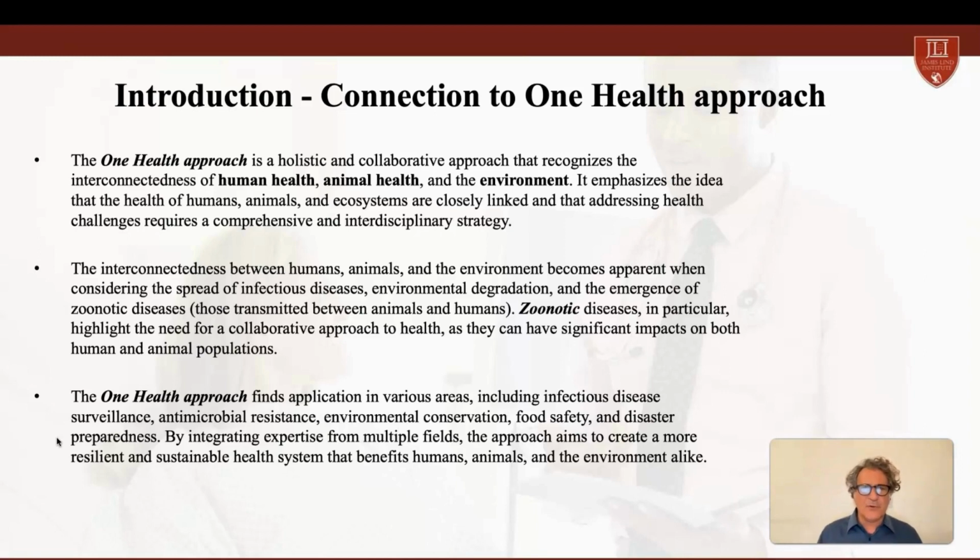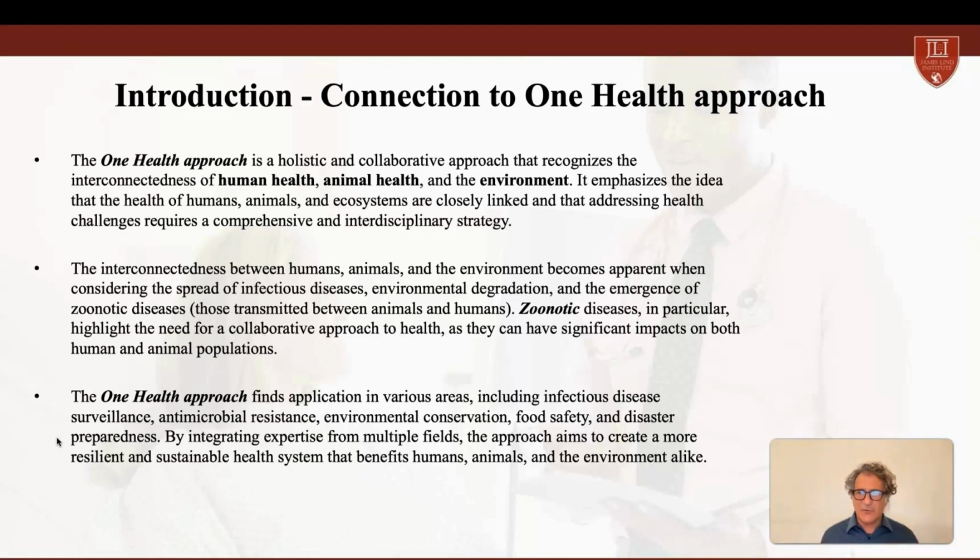So the One Health approach is a holistic and collaborative approach that recognizes the interconnectedness between and among human health, animal health, and the environment. This is pretty important, because this is the only way we can mitigate or try to solve this problem. Otherwise, if we focus only, for example, on veterinary medicine, we will focus only on animal production, animal disease, and so on.